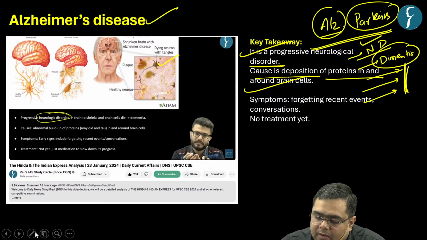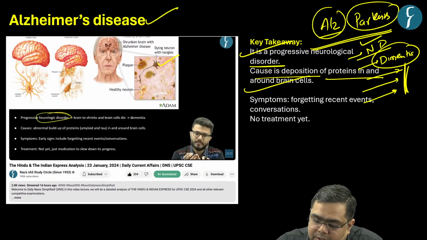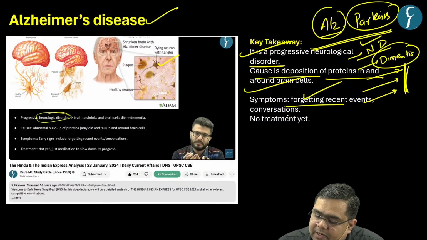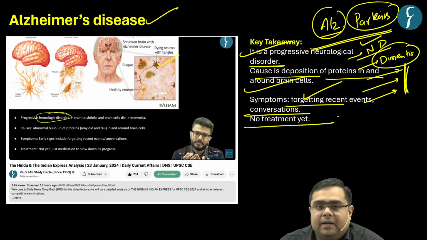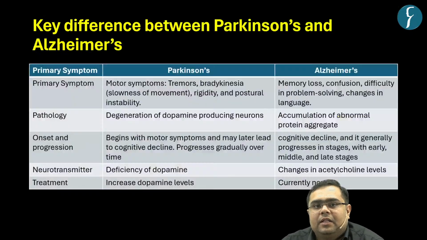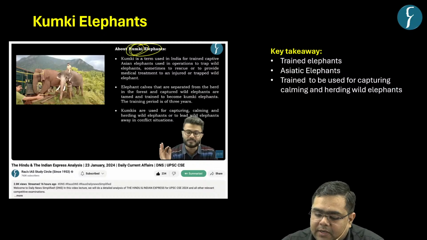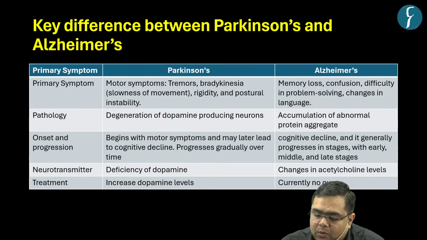Similarly, deposition of proteinous plaque leads to extended response time, and this leads to Alzheimer's disease. Then the symptoms of Alzheimer's disease, the key takeaway point that was discussed by Gaurav sir, is that it leads to forgetting recent events and recent conversations, and the last takeaway point is that there is no treatment as of yet for Alzheimer's.